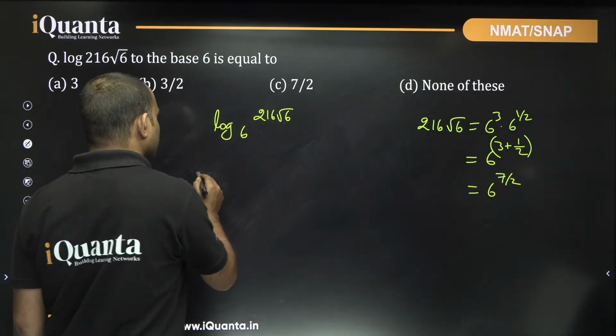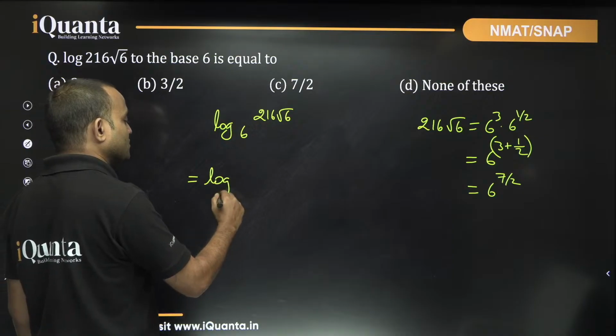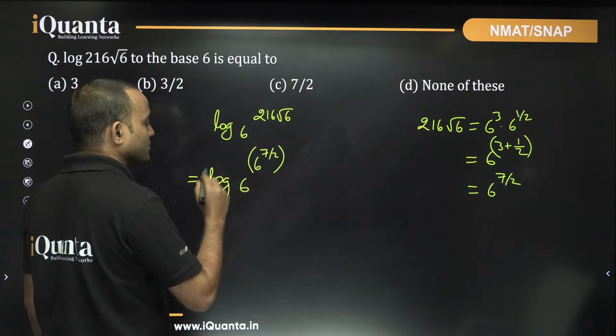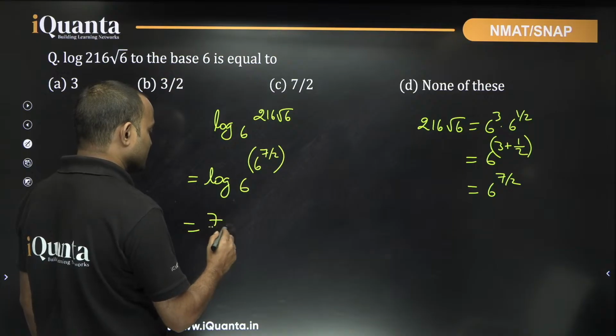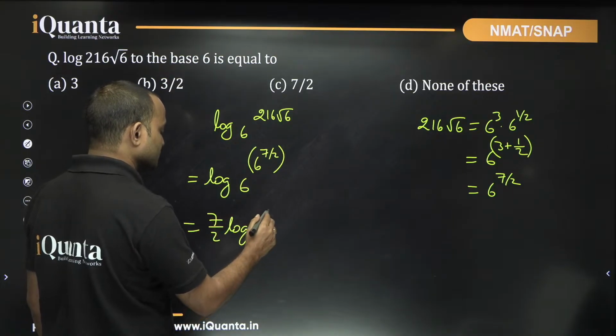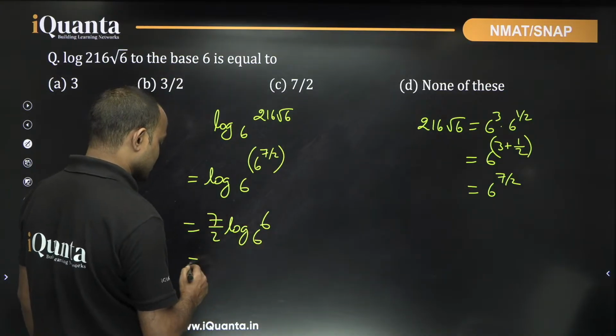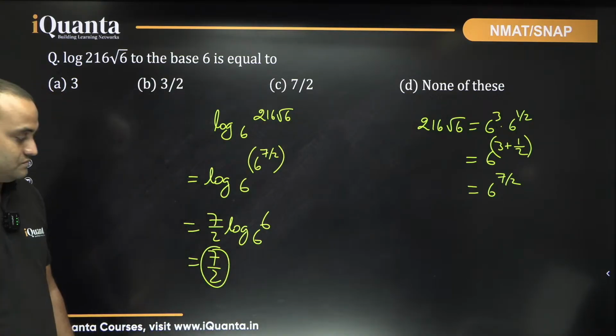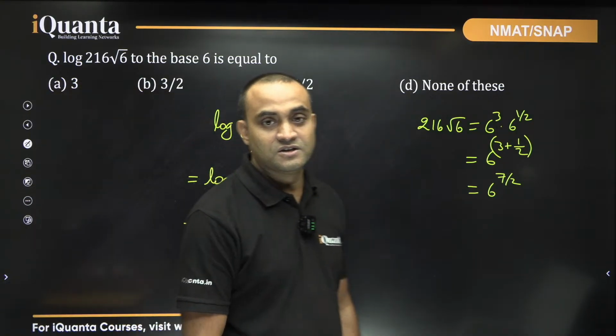So we can use that here. We can write log of 6 to the power 7 by 2 to the base 6, which will be equal to 7 by 2 log 6 to the base 6. Log 6 to the base 6 is nothing but 1. So your answer is 7 by 2.